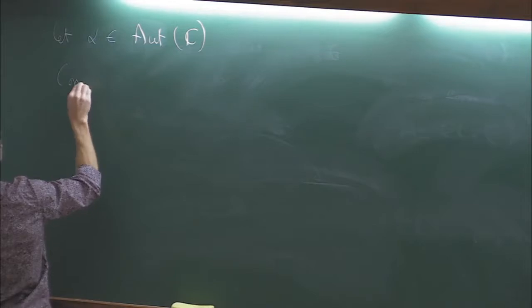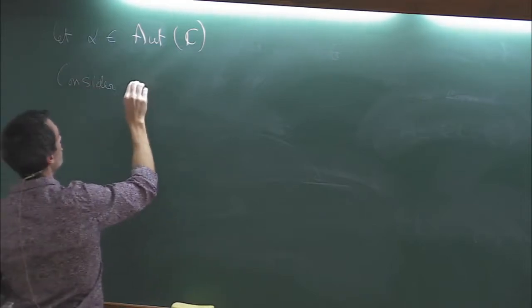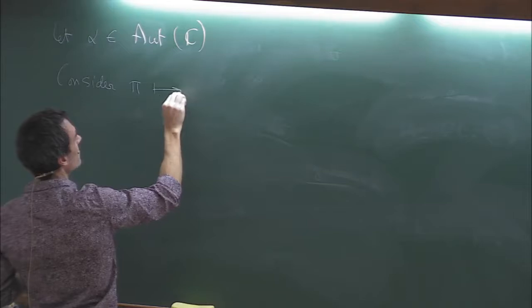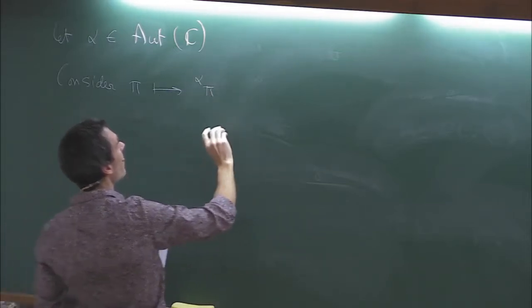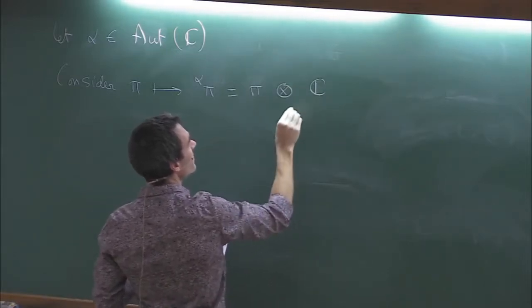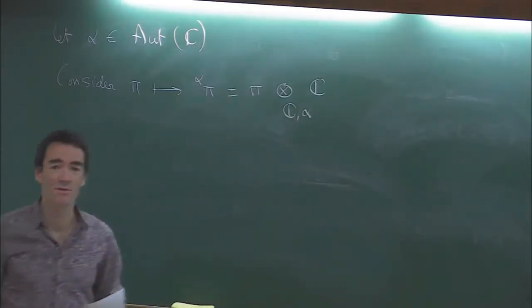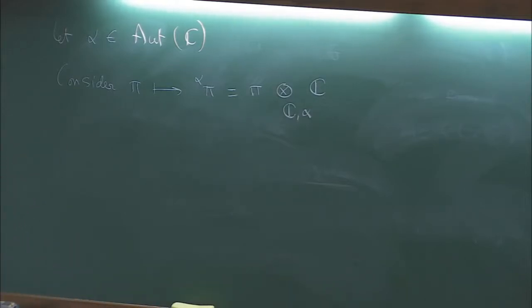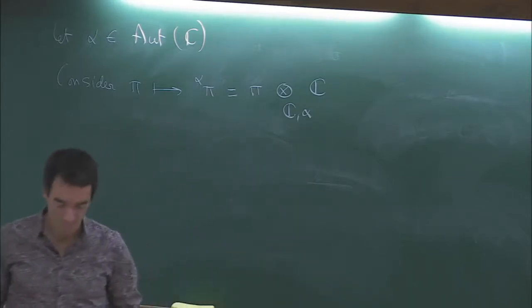There are many field automorphisms of C. So you take alpha, one of them, and you consider the change of coefficients. So if pi is irreducible, consider alpha pi, which is pi tensor C over C, and the tensor product is taken with respect to this automorphism alpha. So you just conjugate the field of complex numbers by alpha.